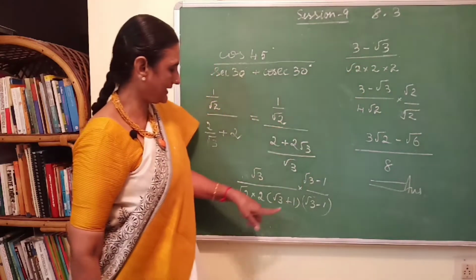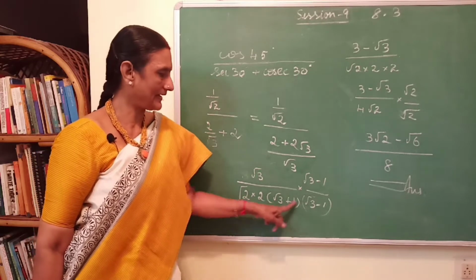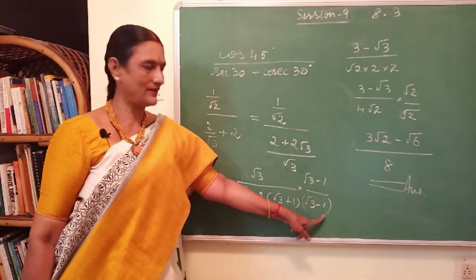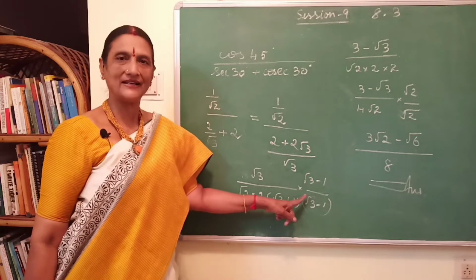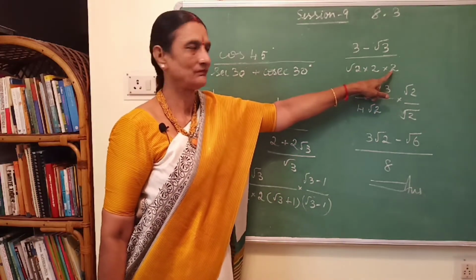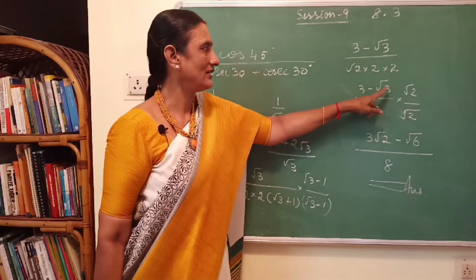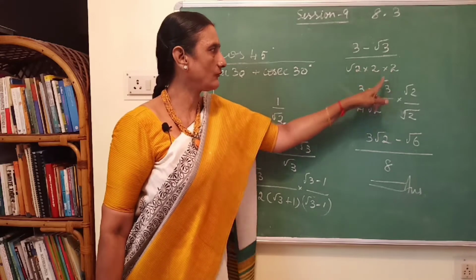And for the denominator, you have got root 2 here and then 2 here. 3 minus 1, a plus b into a minus b, therefore root 3 square minus 1, which is going to give you 3 minus 1, that is 2. So, if you multiply, what have you got? 3 minus root 3 and here 4 root 2.